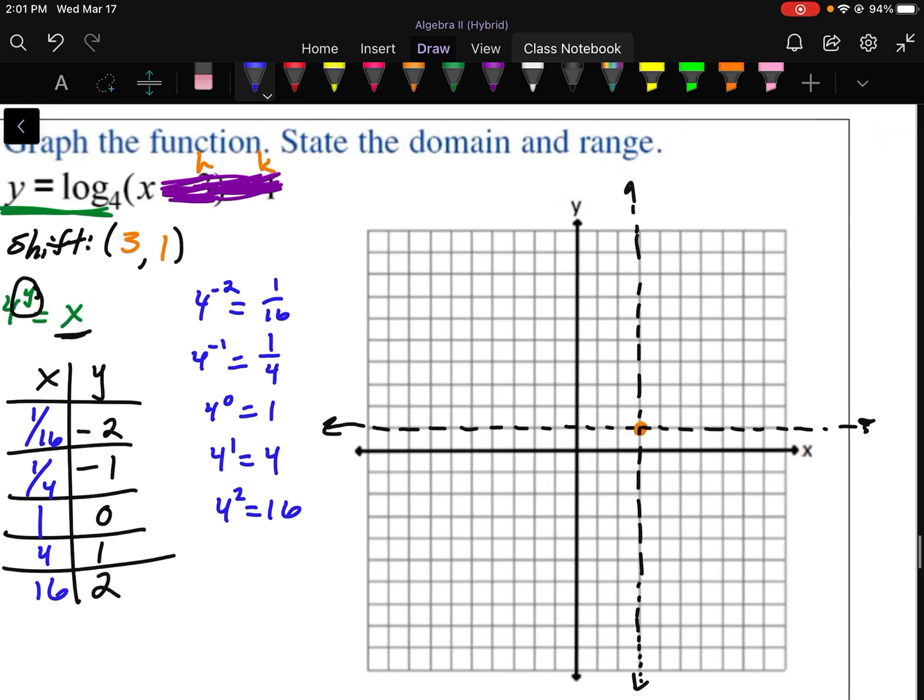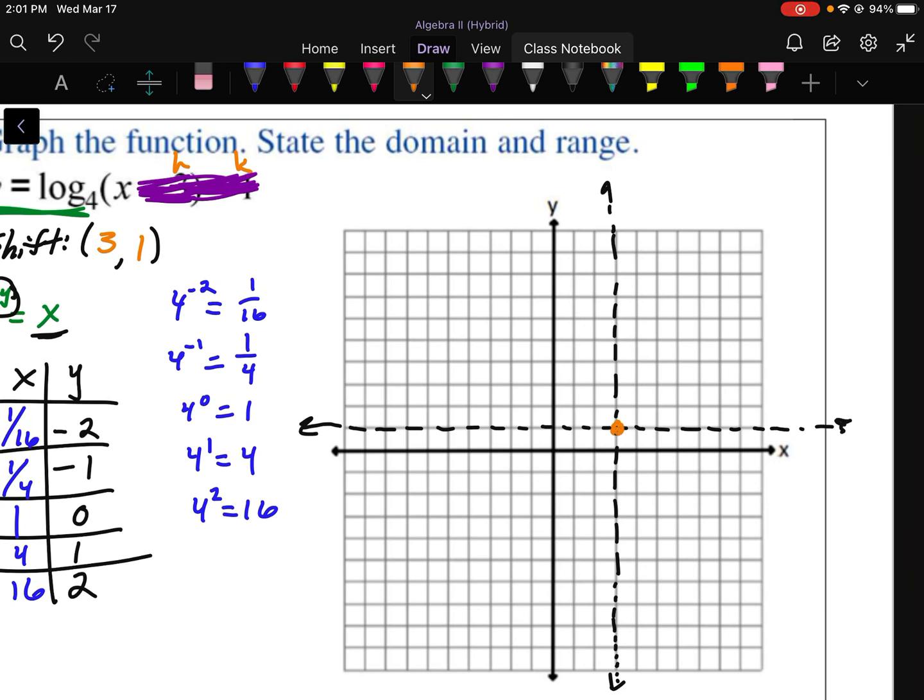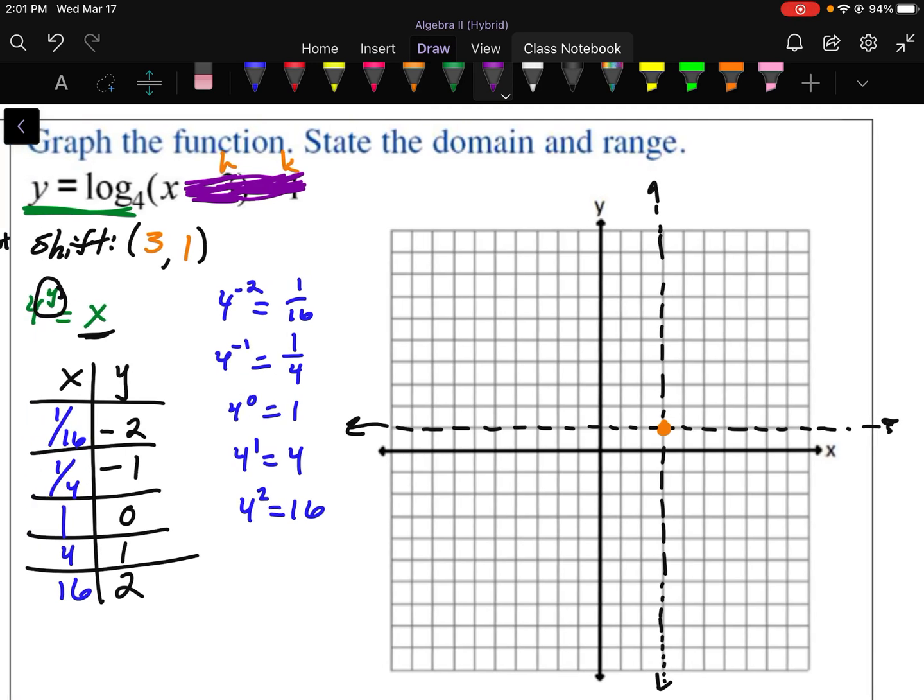So there you go. Plot your points from our shift again right here. So I put the new x and y axis on there to maybe make it a little less confusing. But here we go. So we're going to go to the right 1/16 down 2. So that's going to be like right there. Then I'm going to go to the right 1/4 down 1. So something like that.